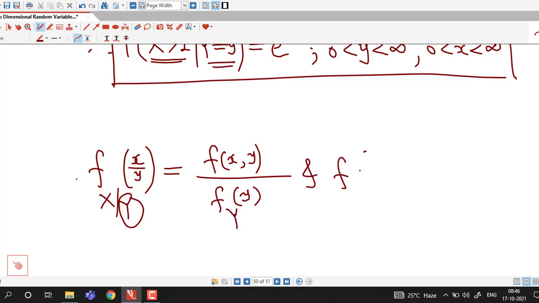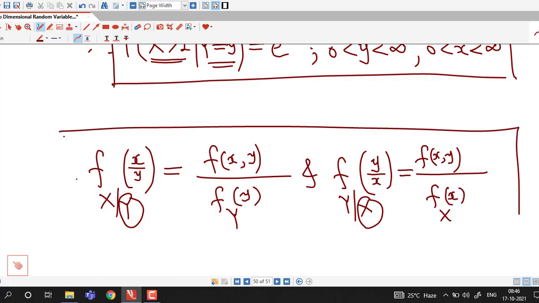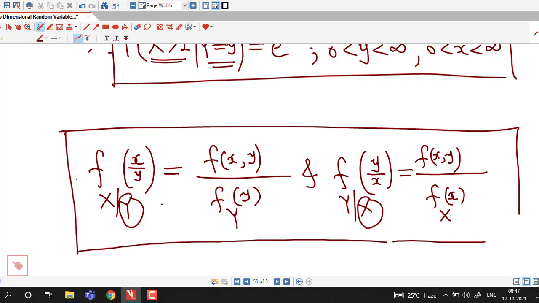And if we are interested in the conditional density function of y given that x equal to x, then we consider the joint density function and divide by the marginal density function of random variable x. We can remember these two definitions easily.